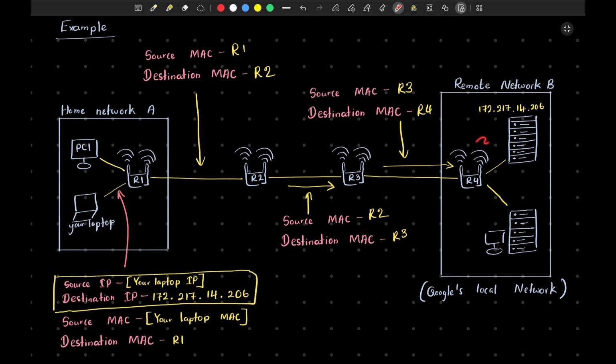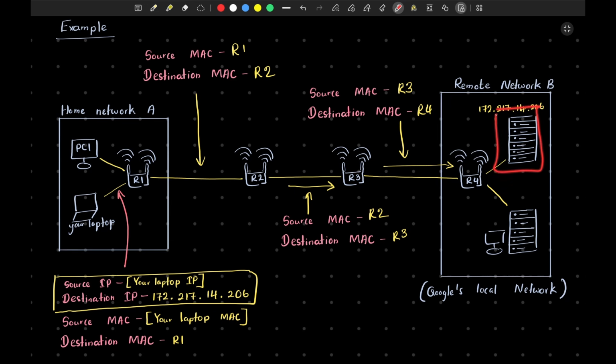After getting the Ethernet frame, this router also checks whether this IP address resides in its local network. After checking, it identifies the network. This is the network it should be. Now what this router has to do is find the particular MAC address of the particular server.